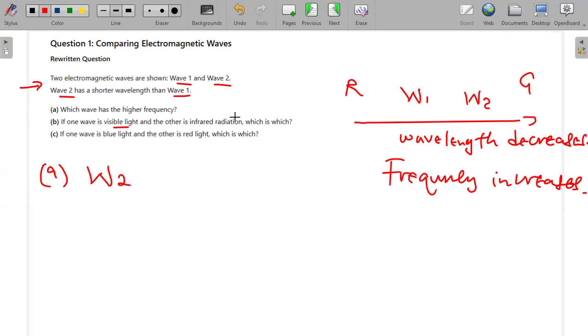That's what they're asking you to do. So which one comes first between the infrared and the visible light in the electromagnetic spectrum that we are looking at?